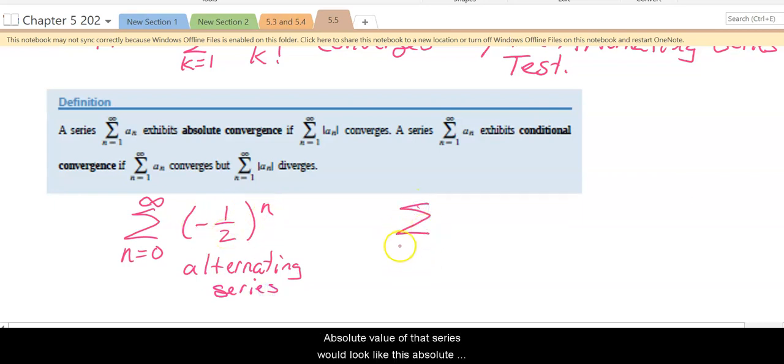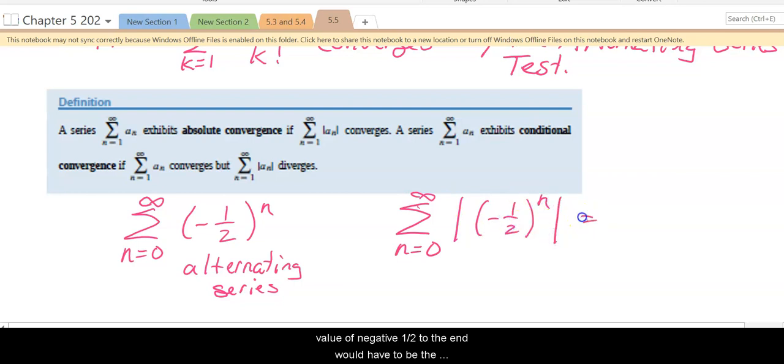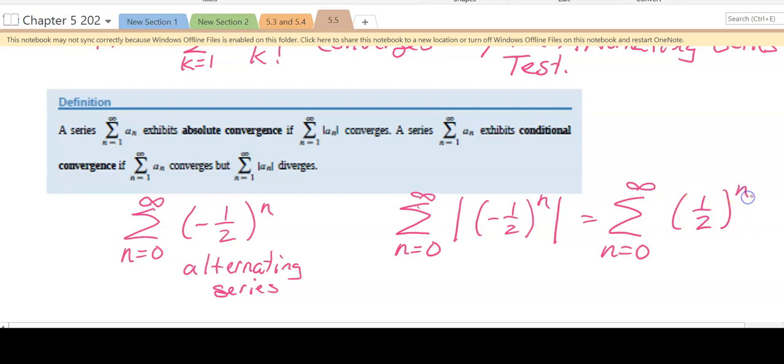The absolute value of that series would look like this. The absolute value of negative 1/2 to the n would be the same as the geometric series n equals 0 to infinity of 1/2 to the n. Since I know that this is also a convergent geometric series, then this converges absolutely.